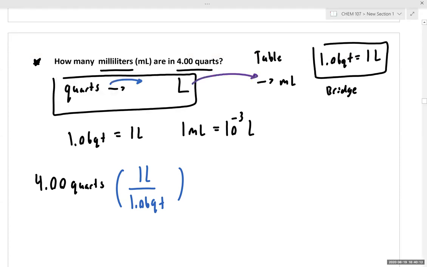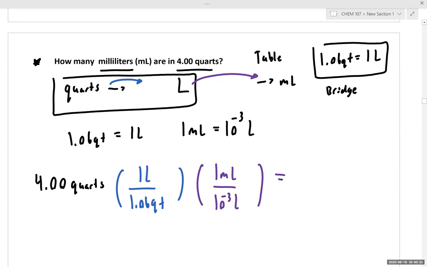Next, from liter to milliliter, my question to all of you is, what unit goes on top? Milliliters. So we know in 1 milliliter, we have 10 to the negative third liter.